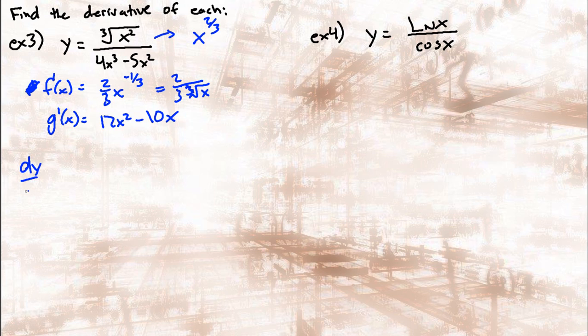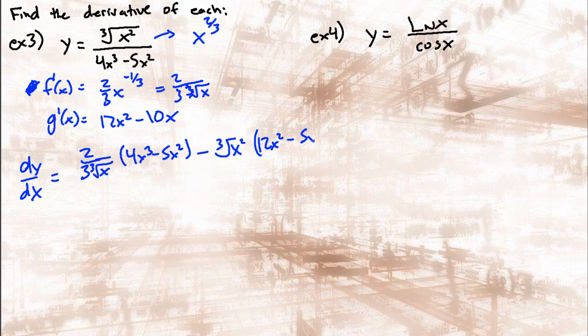So using our quotient rule, the derivative of the numerator, so 2/3, this is a cube root of x, because I moved that down, times the denominator, so times 4x cubed minus 5x squared, minus the numerator, so cube root x squared, times the derivative of the denominator, that is 10x, all over the denominator squared.